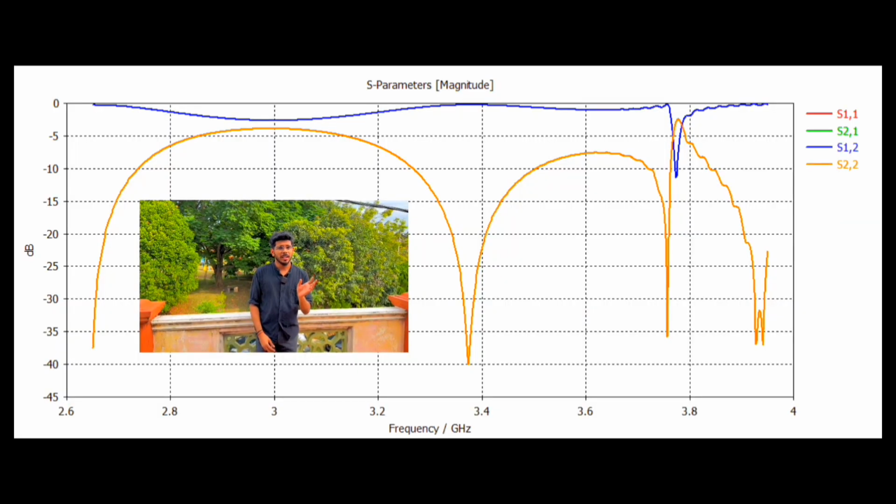The first one is undercoupling. In undercoupling, the result doesn't have a proper enough transmission coefficient, which means it cannot reach below 20 dB. We name it undercoupling.